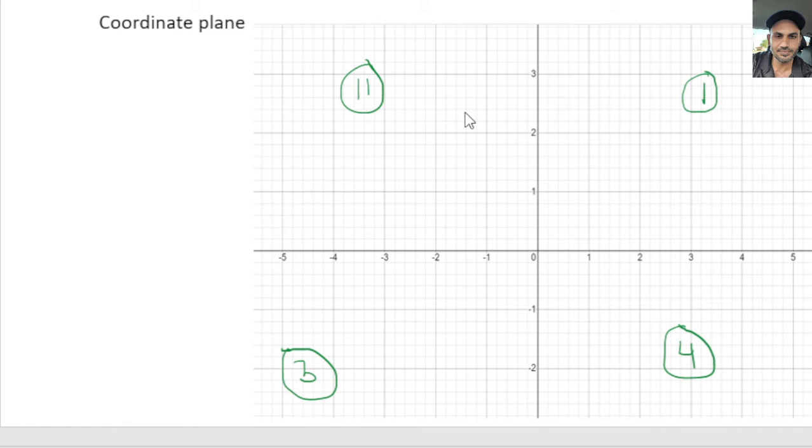In the first quadrant, we have x and y, where both x and y are positive. In the second quadrant, we have x and y as well, but here x is negative and y is positive.